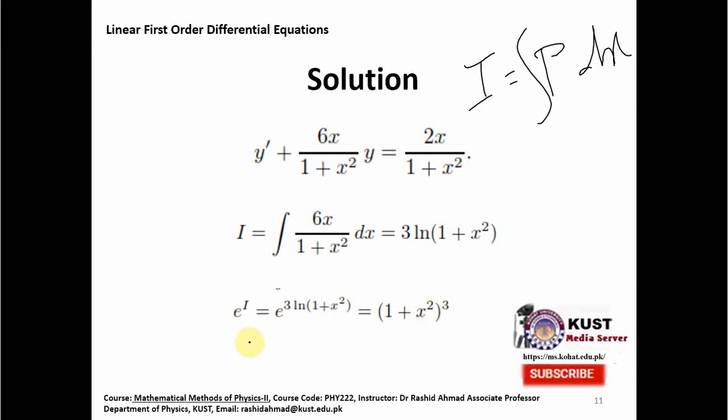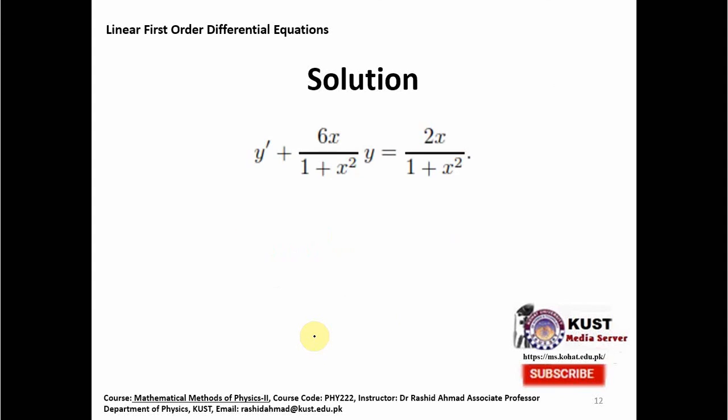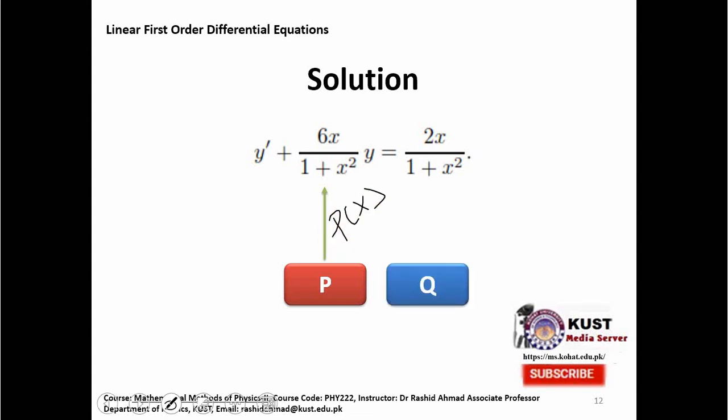So you've seen that we got e raised to power I here. Now let's go back, and as I promised, I will show you the p and q here. So this is p, and it is a function of x, so it's actually p of x. And this is q, and again this is a function of x, as you can see.